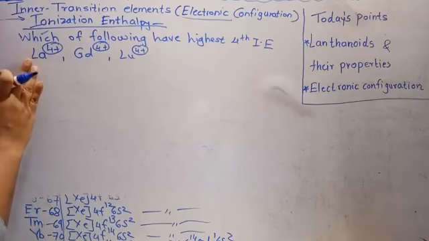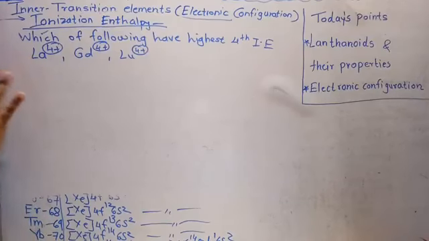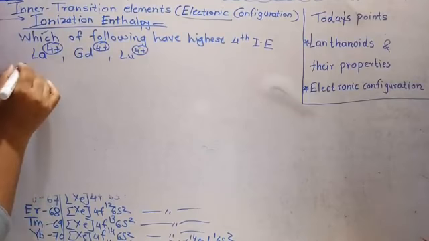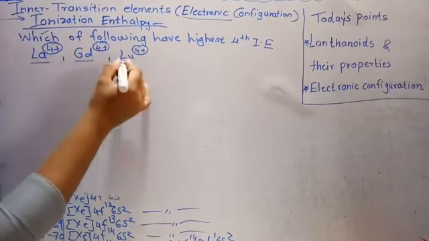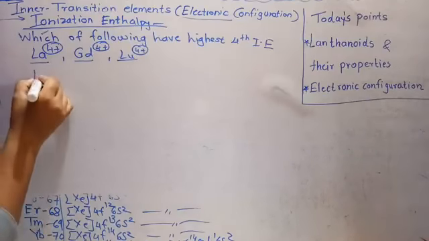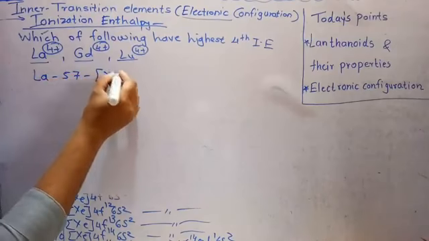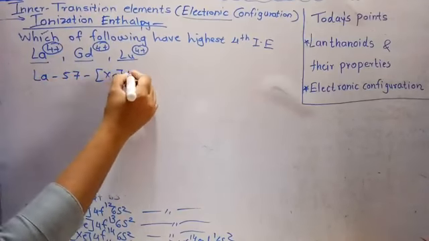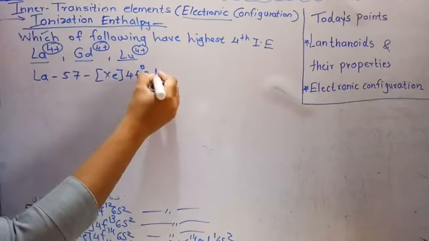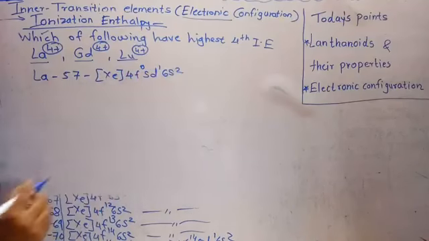But how do you write the answer for this? First you write the electronic configuration of lanthanum, gadolinium and lutetium. Lanthanum is 57 and its electronic configuration is xenon 4f0, 5d1, 6s2.